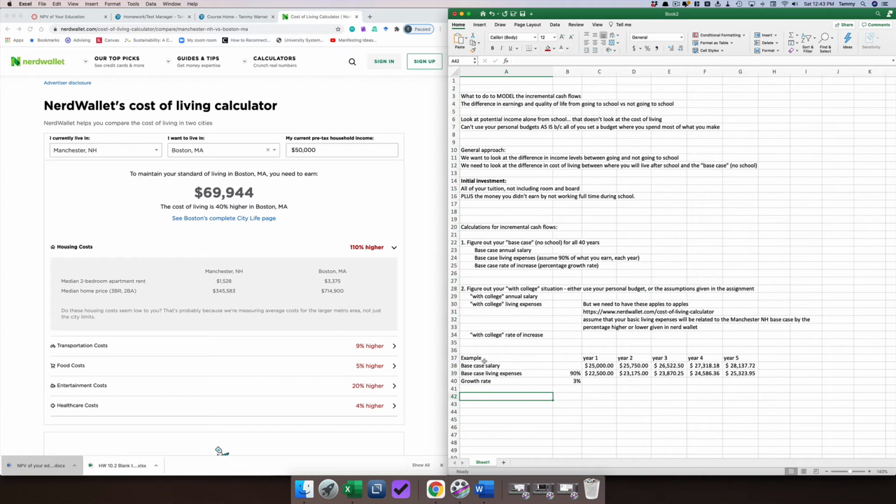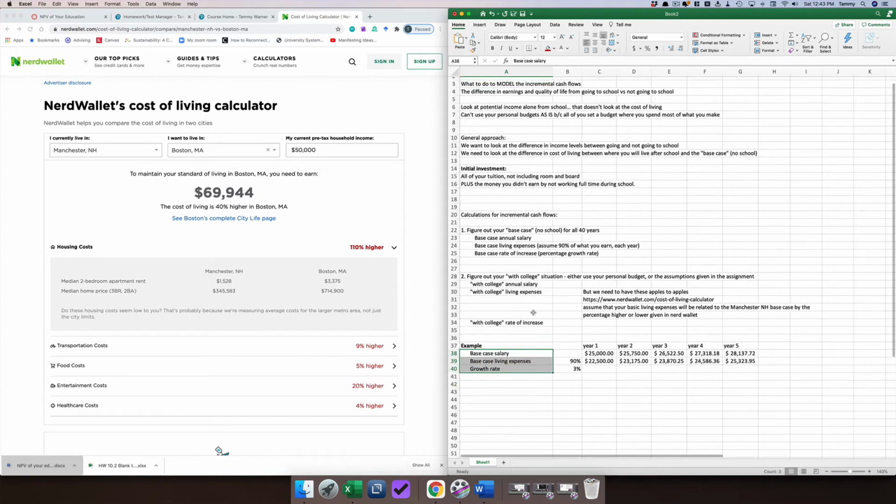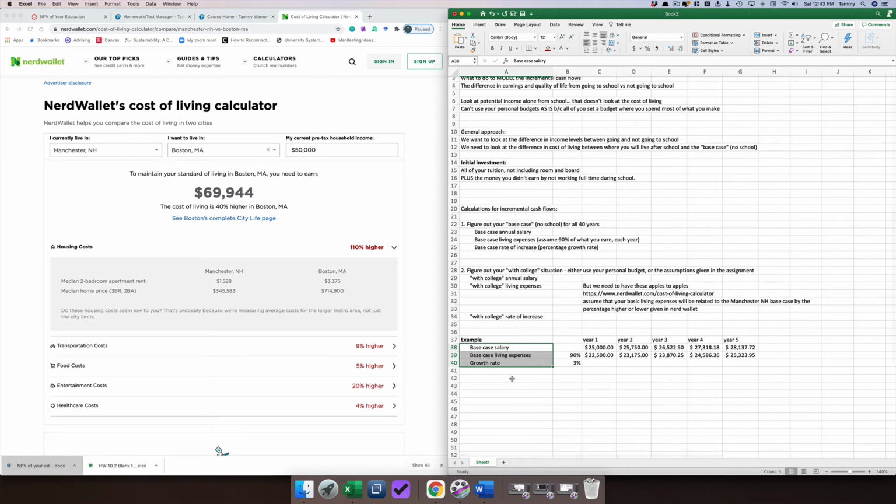So there's our base case. And then our with college. I'm just setting this up again. I always like them to be fairly neat. Okay, so our with college. So let's say that you decided that you were going to start out from college at an income of $50,000.